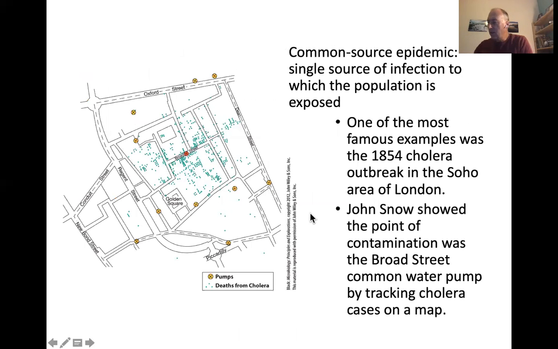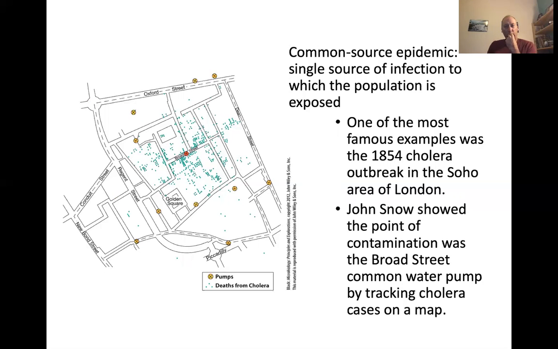All right. So just a little briefly about the history of epidemiology. The father of epidemiology, or at least infectious disease epidemiology, is often considered to be John Snow, who was a physician in London in the middle part of the 19th century. He focused for years on trying to understand cholera.